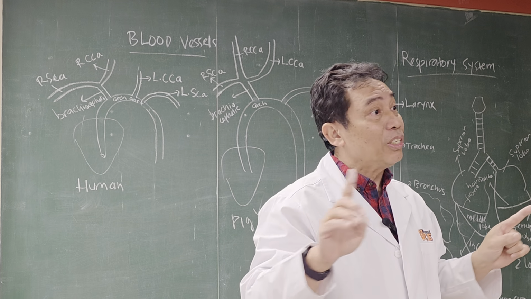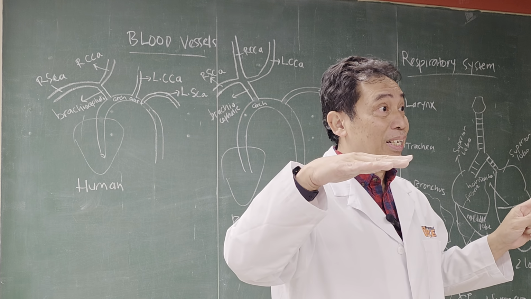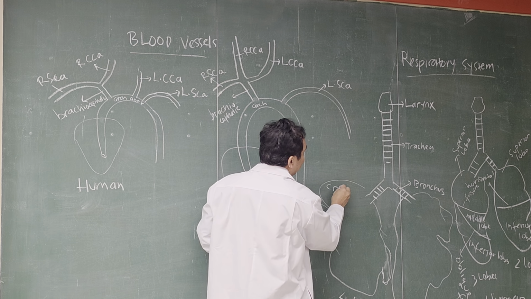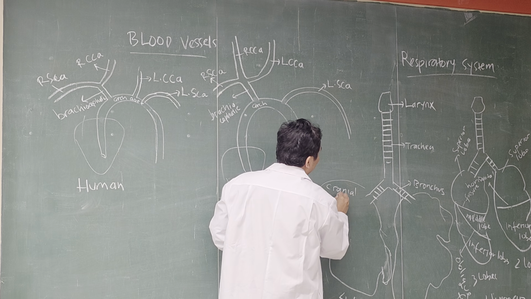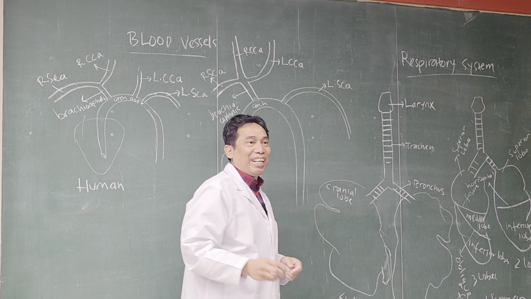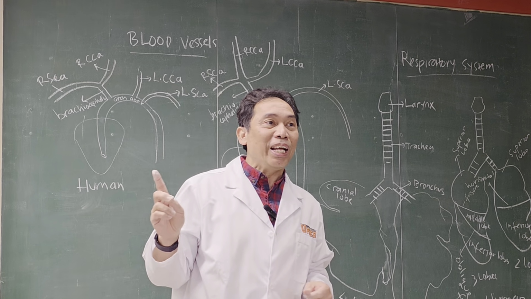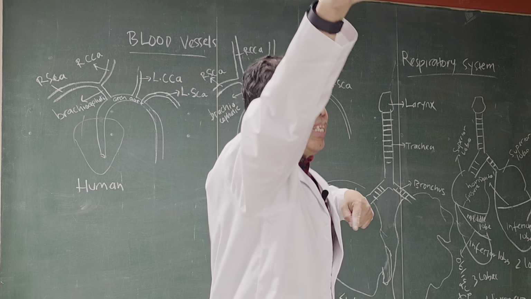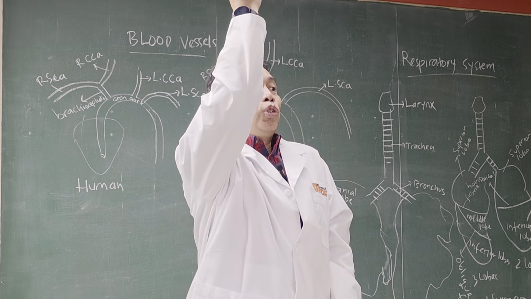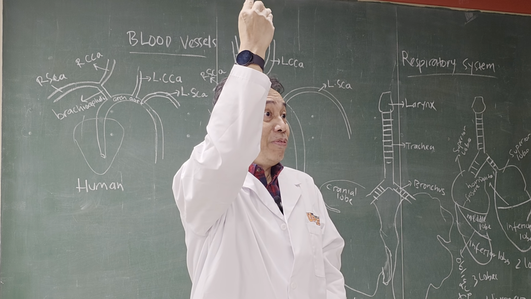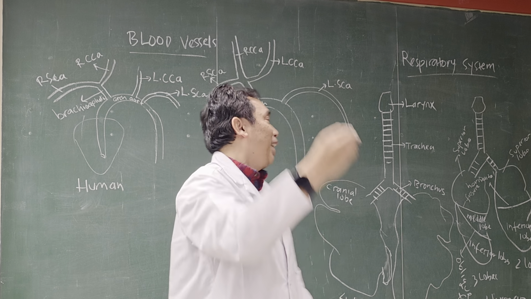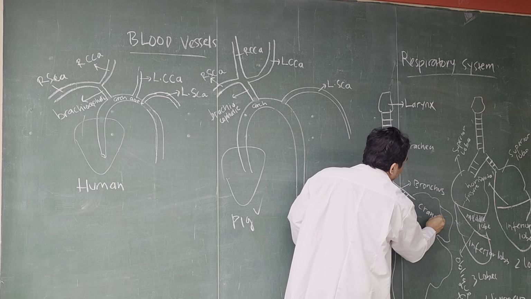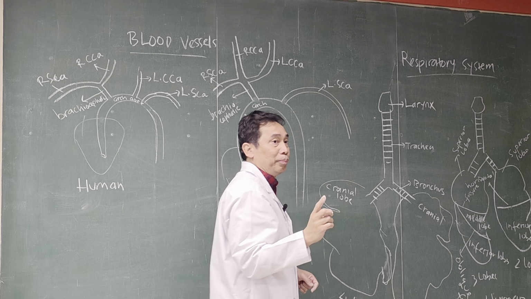It's not superior because it's not on the top when the pig walks. It's called the cranial. So this one's going to be cranial lobes. Can you follow that? So for the animal that walks on 4 legs, that's going to be the cranial side. But for us, superior. Can you see the difference between animal and human? Okay? So this is cranial lobe. This is going to be also another cranial lobe.